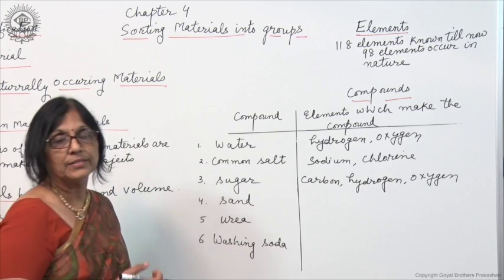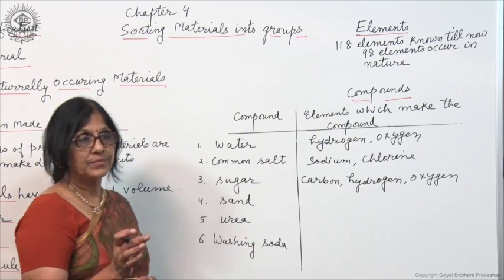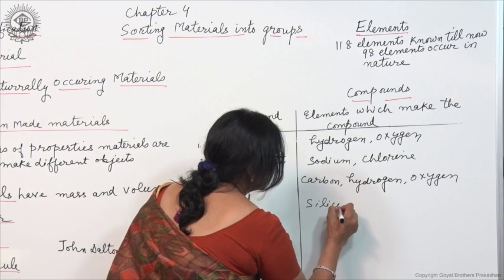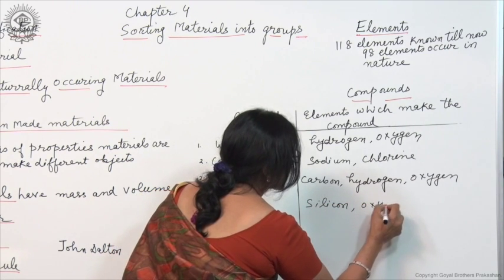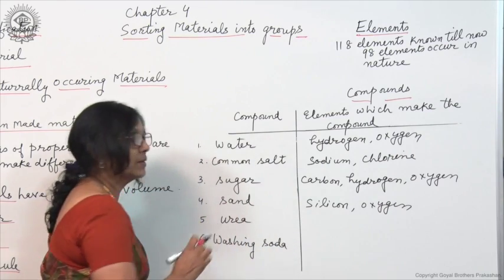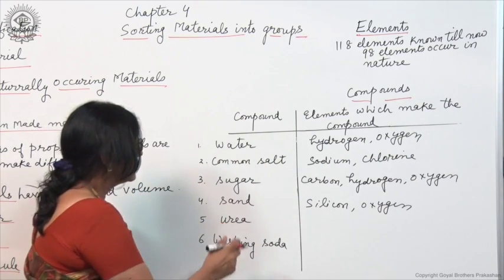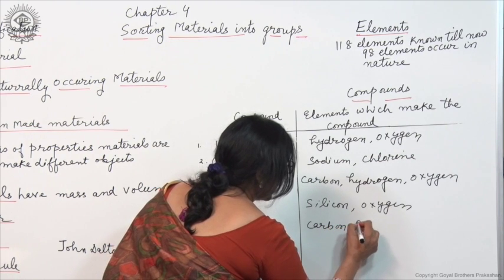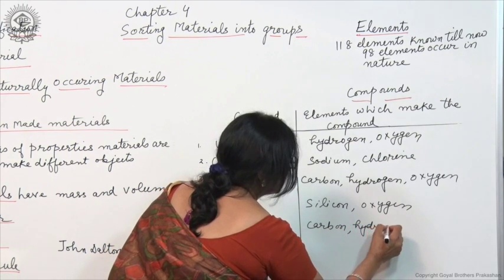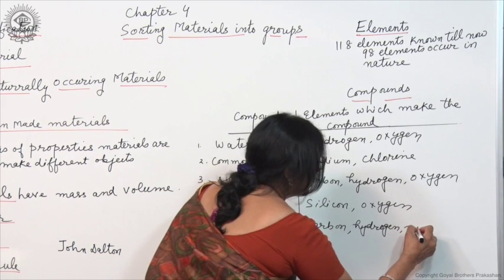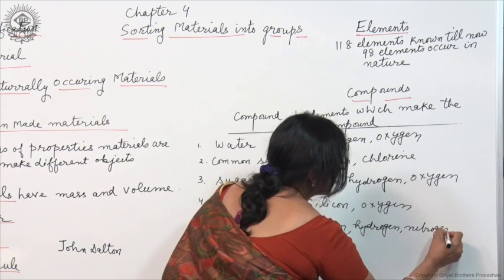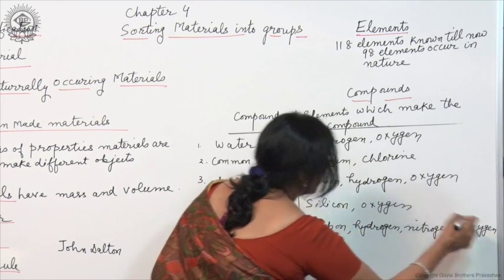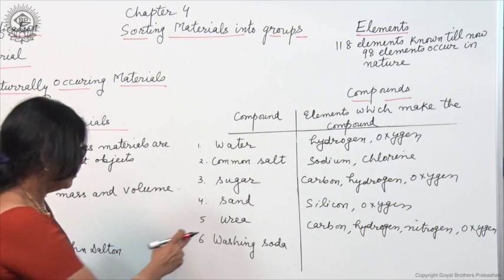Sand, the common sand in the garden, is made up of two elements, silicon and oxygen. Urea is made up of carbon, hydrogen, nitrogen and oxygen. So, these four elements combine and form urea.